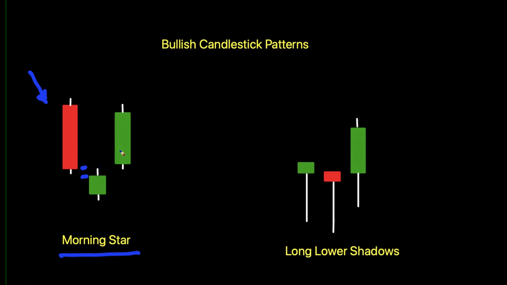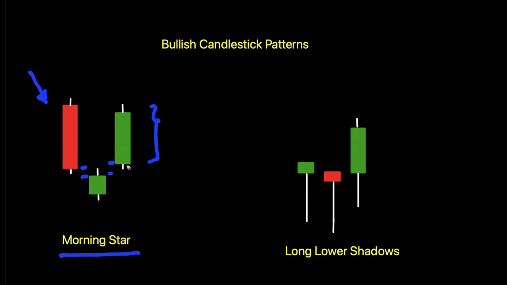So then again, ideally you should have a gap either here or here. Then the next candle is a green candle which starts with a gap maybe. This gap is not mandatory, but if it is there, it's a strong pattern, either this gap or this gap.